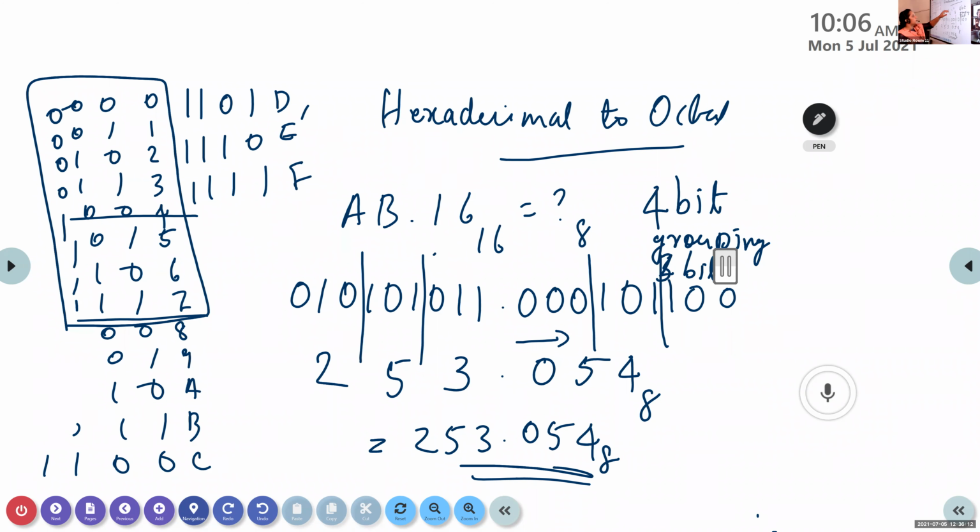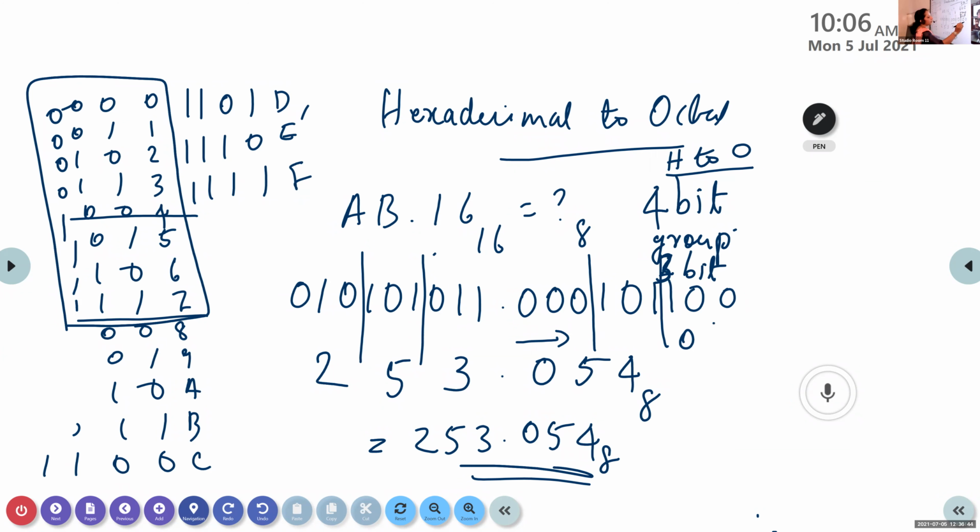So first convert this hexadecimal into binary using the 4-bit table. Then group that binary number. After that, use the 3-bit table for converting that binary group into an octal number. This is for hexadecimal to octal: first use the 4-bit table, then group the binary bits, after that use the 3-bit table.